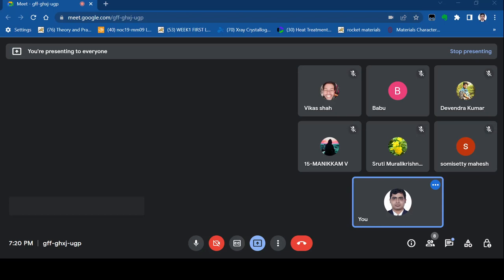So remember these three equations, these are very important. Every year 1 or 2 questions from these relations are compulsory: R star, delta G star and delta GV.